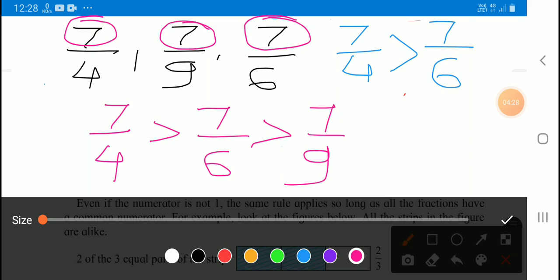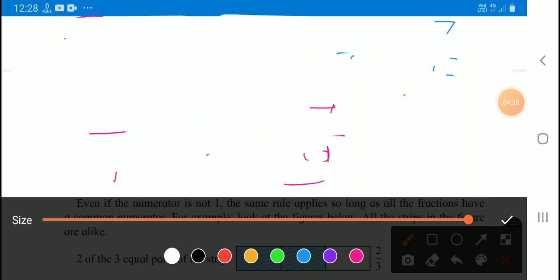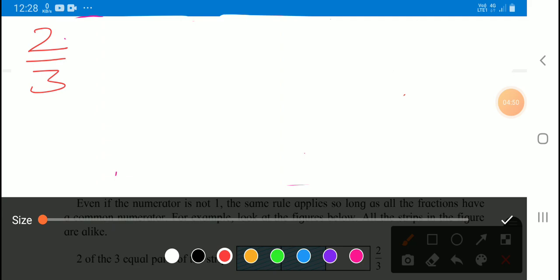Okay. Now one more example I will give here. You have to compare the fractions with equal numerators. So I will write here examples. 2 upon 3 and 2 upon 4.